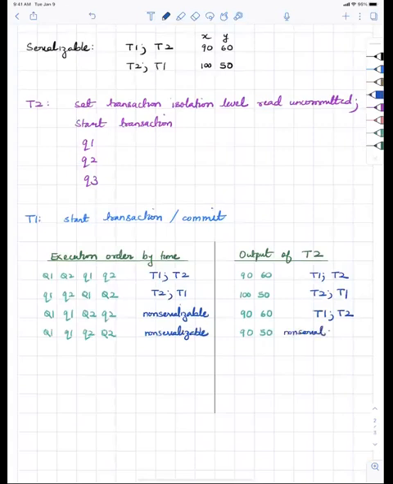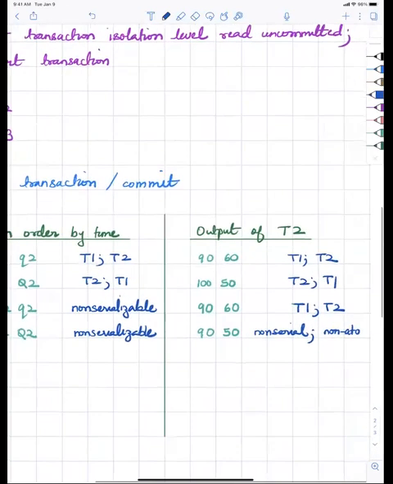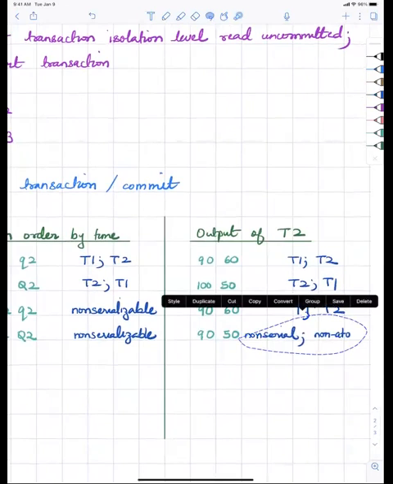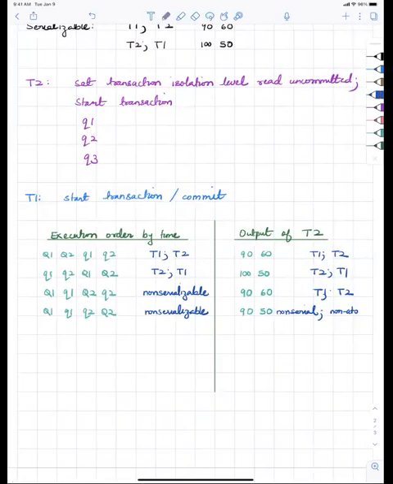It's also non-atomic because Q1 has happened and Q2 has not happened. Okay, so do you understand this output? We have an output which is not serializable and non-atomic. Okay, so that's number 4.